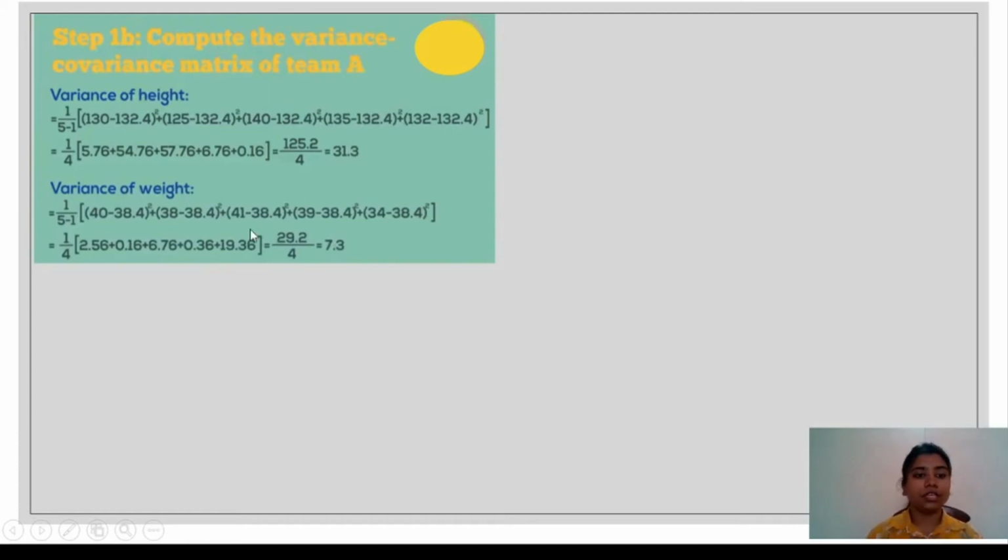Next we will calculate the variance and covariance matrix for team A. But here first we need to calculate the variance only. So variance of height is 31.3 and variance of weight is 7.3.